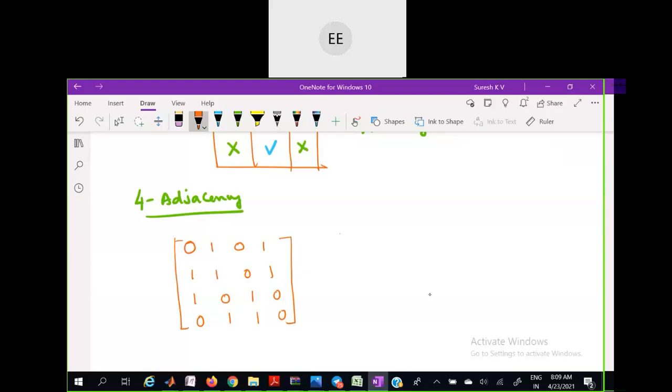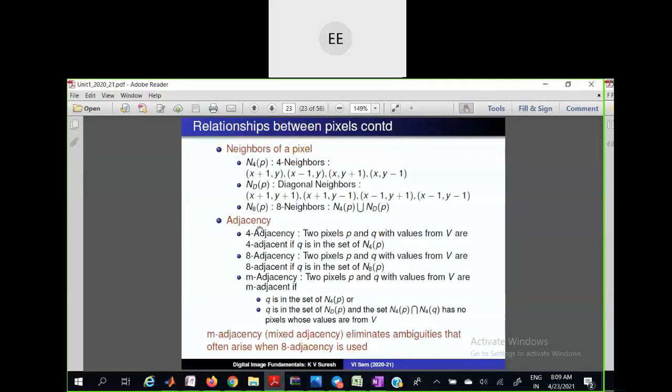Now the set V can be either 0 or 1. You know that because you have only two gray levels, so I can take the set V as 0 or 1. In this case, I am interested in 1, so I'll take the set V as 1. Now by definition, let us go back to the definition. 4 adjacency means 2 pixels P and Q should be from the set V. This is very important.